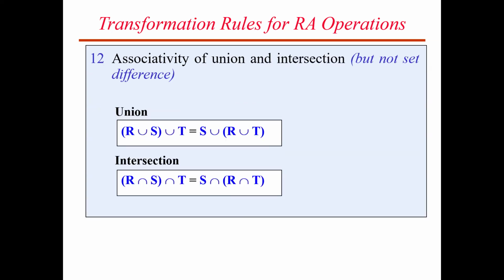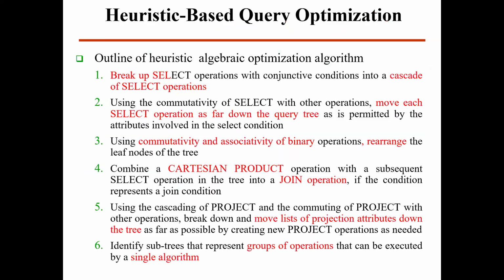And associativity of union: if you union R and S tables, the result you can union with T is equivalent to making the union of R and T first, then the union with S. Similarly, intersection also works like that.